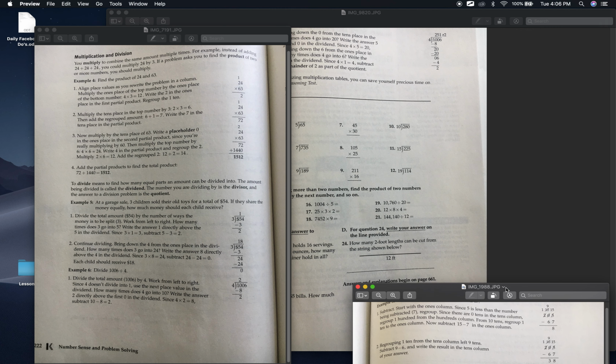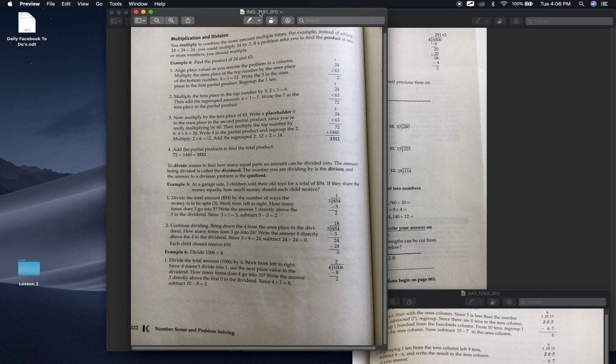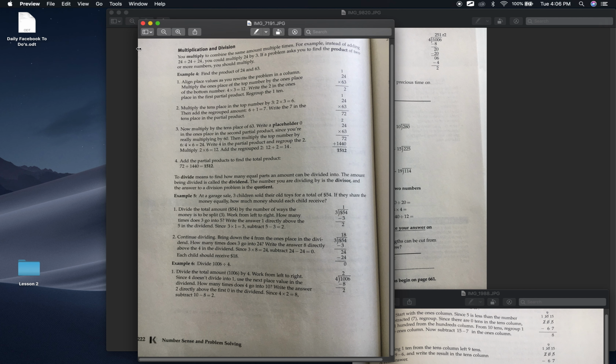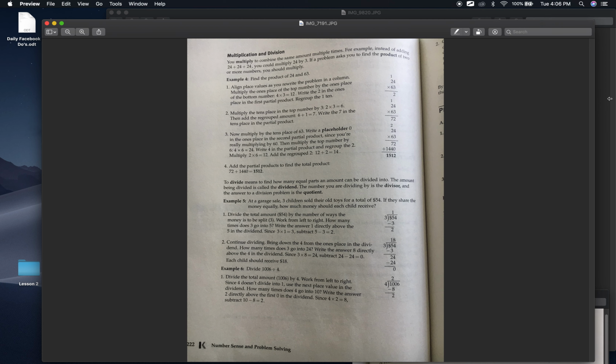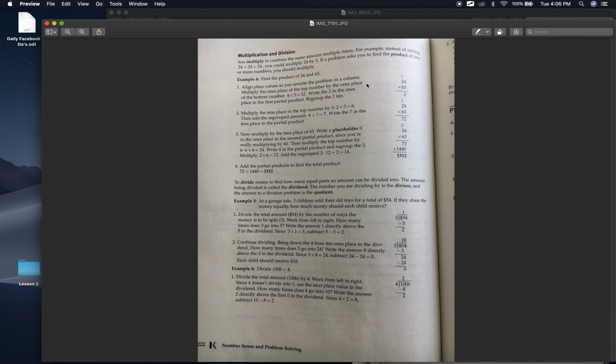Okay, so this is actually the next page. Okay, so multiplication and division. Give me 1 sec here.